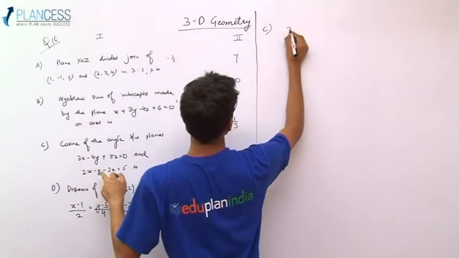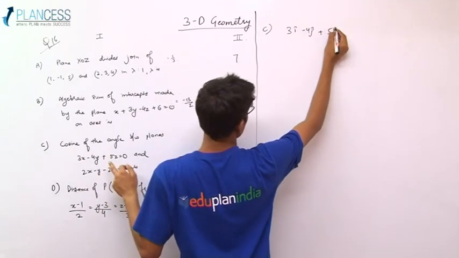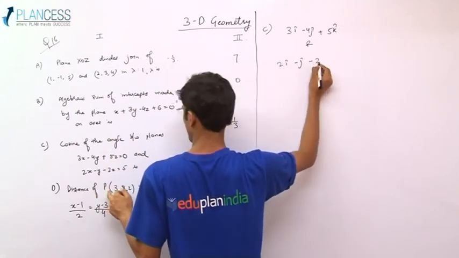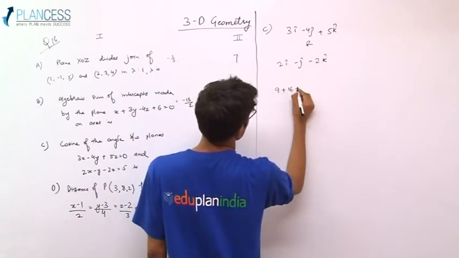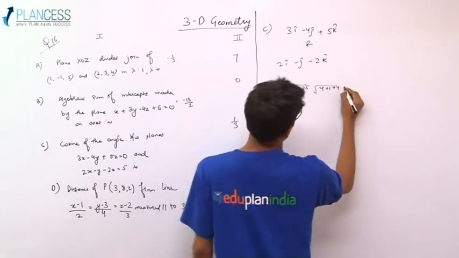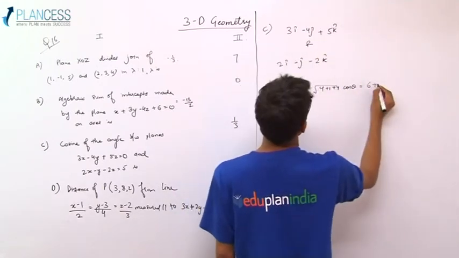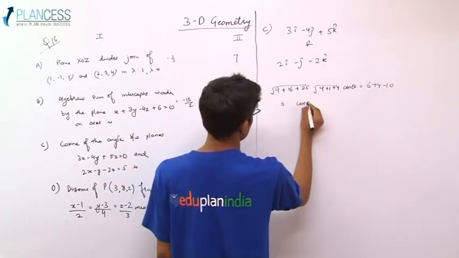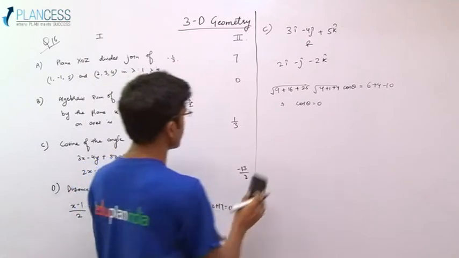So let's write the normal vectors: 3i - 4j + 5k and 2i - j - 2k. So cos theta is (6 + 4 - 10) divided by the square roots of (9 + 16 + 25) and (4 + 1 + 4). So cos theta is 0. Now let's move to the D part.